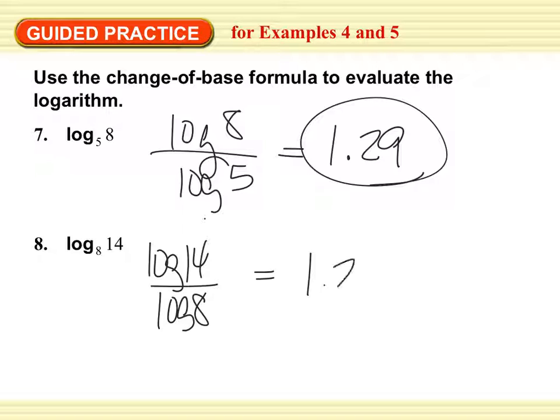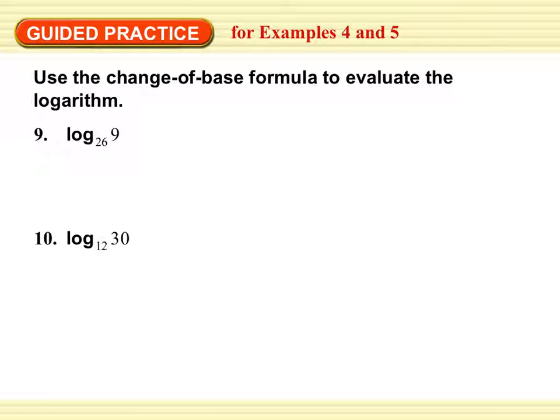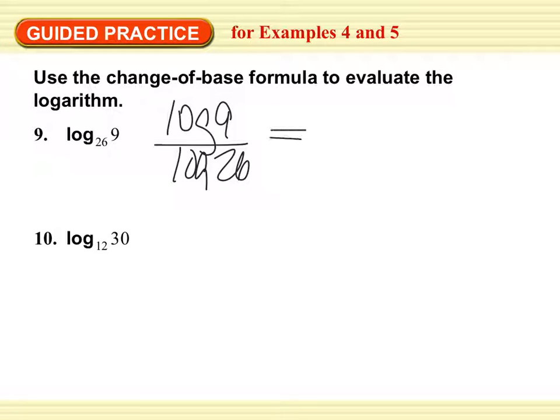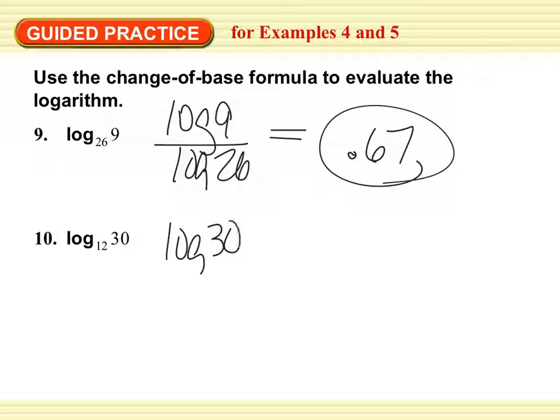And that gives me 1.27. Change of base formula, I love the change of base formula. It's super easy. Okay, log 9 over log 26, 0.67. Log 30 over log 12, 0.37.